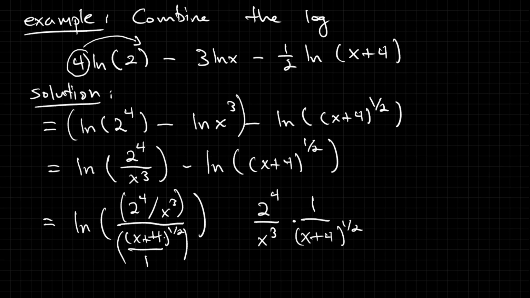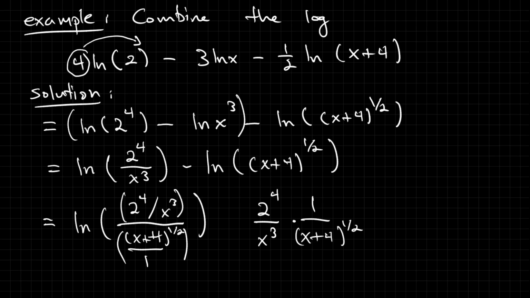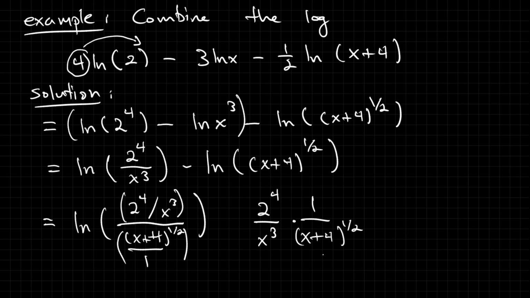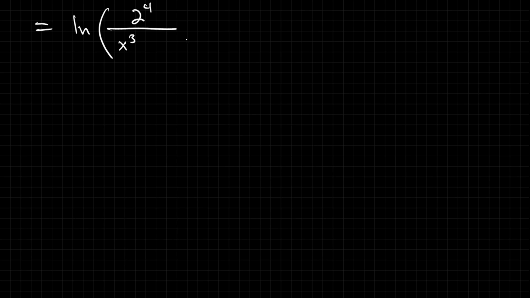And so this logarithm is going to be equal to, well, it looks like the x cubed and x plus 4 to the 1 half need to be in the denominator. So this is ln of 2 to the 4th divided by x cubed, and the other term was x plus 4 to the 1 half, which I think I'll write as the square root of x plus 4.